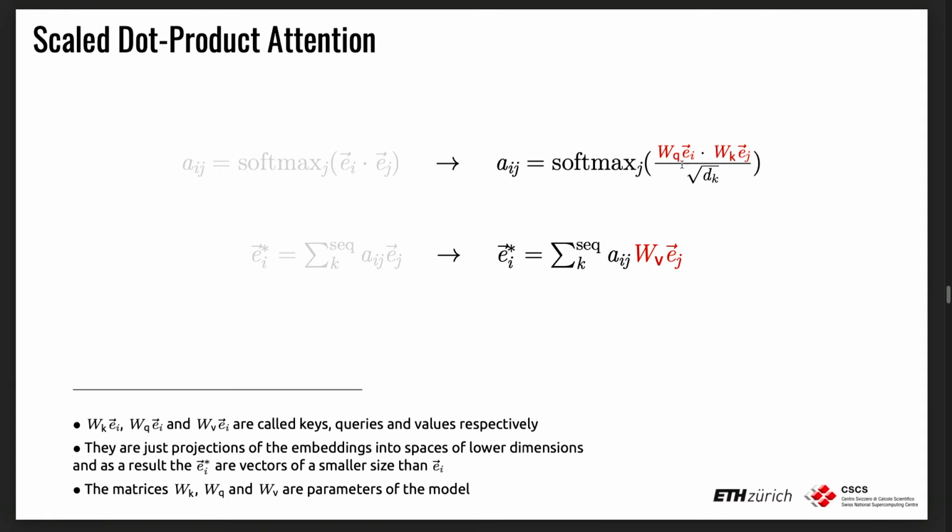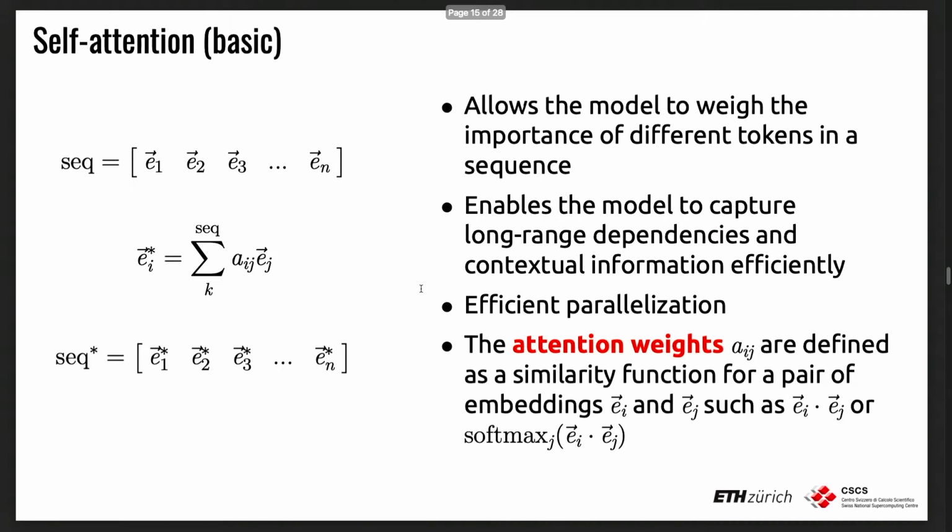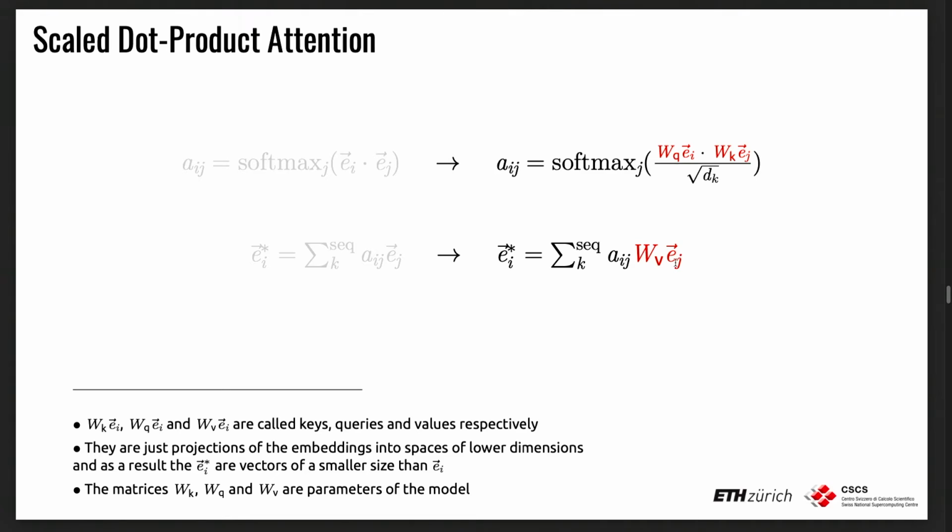So and afterwards, this one here, the weighted average, again the vectors are also going to be projected, and this one is also a smaller space, and now they are going to become a smaller dimension than the original embeddings.